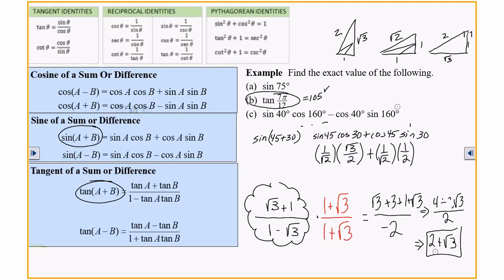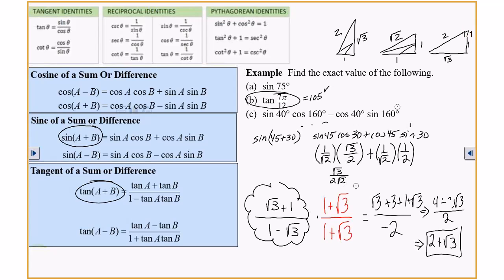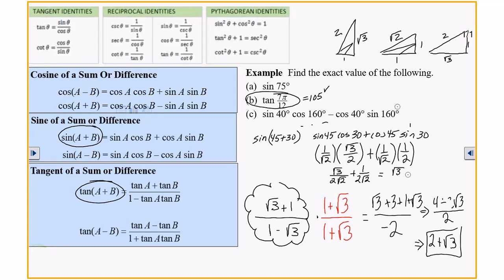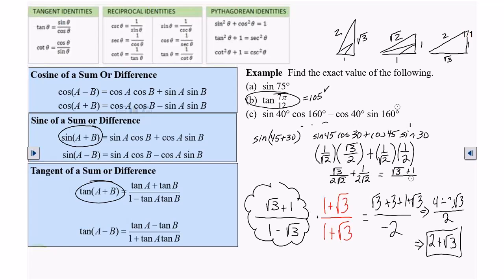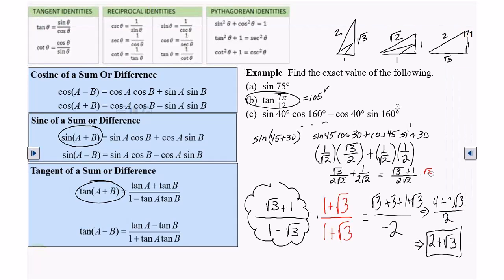And that's going to be square root of 3 over 2 square root of 2 plus 1 over 2 square root of 2, which is equal to square root of 3 plus 1 over 2 square root of 2, multiplied by square root of 2 over 2.